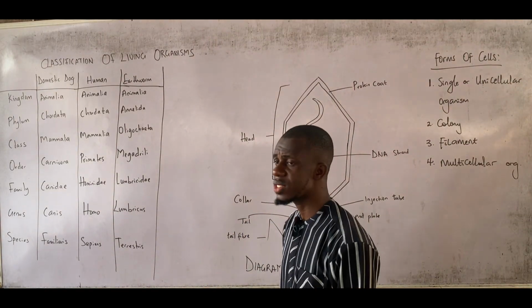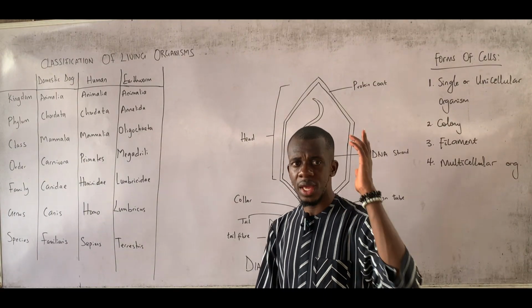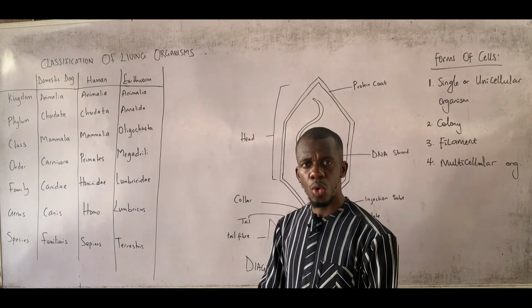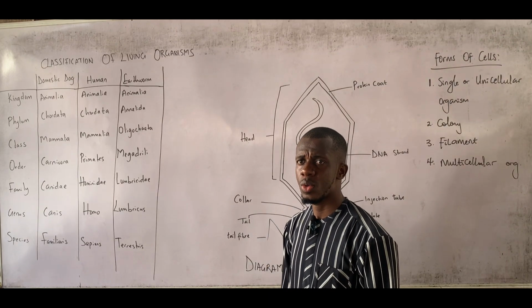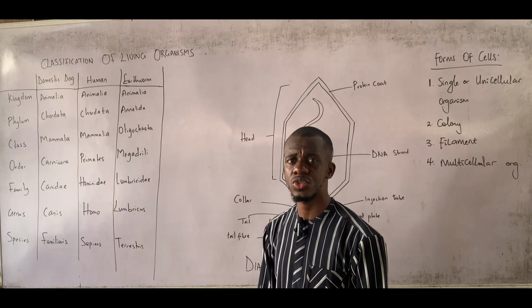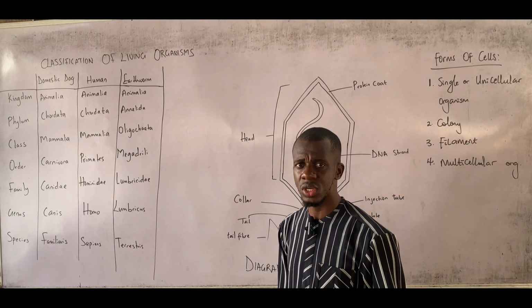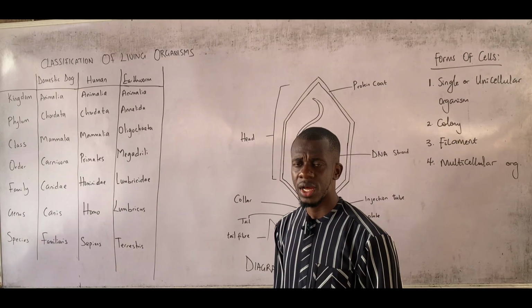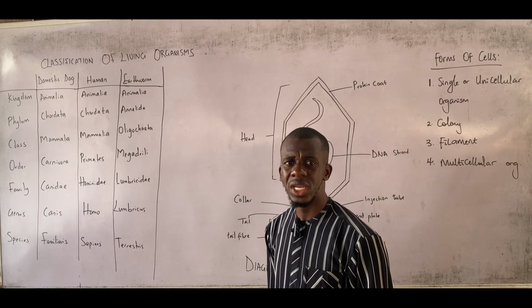Living organisms are numerous, all around us: in the air, on the land, in water, on trees. When we talk about ecology, we also talk about the habitat of living organisms.